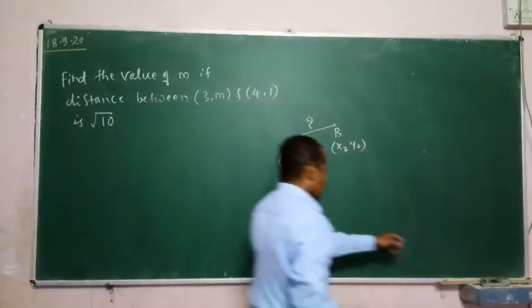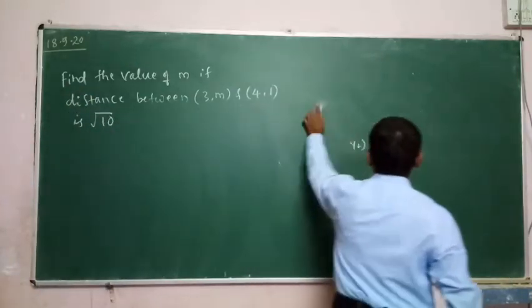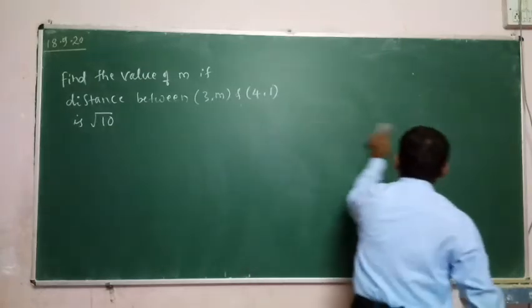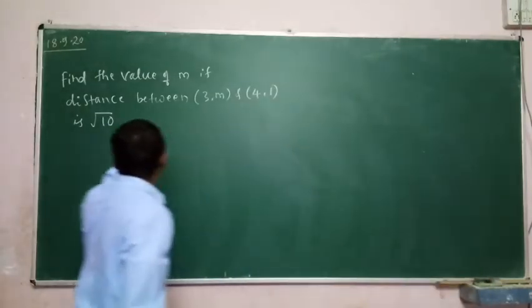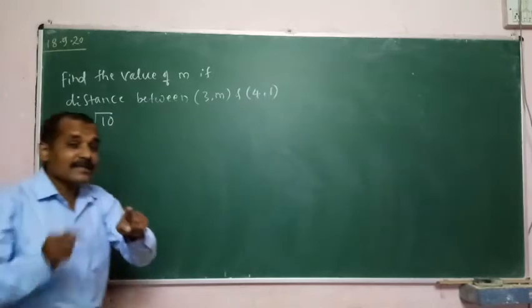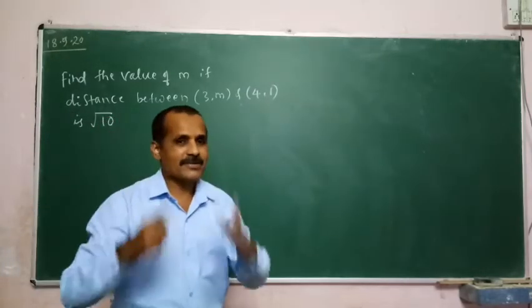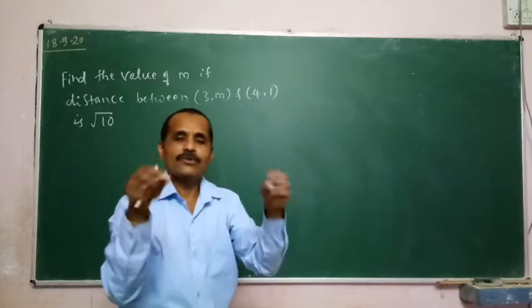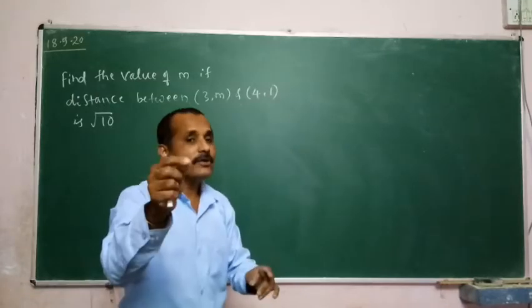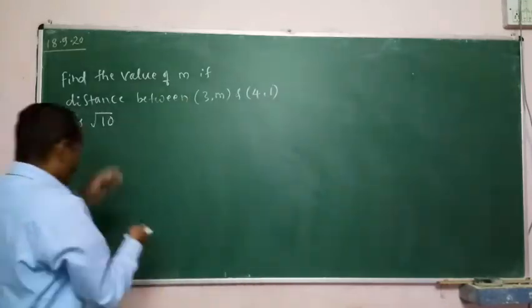Look at this problem. What is given? Distance is given. So in my earlier case, coordinates x1, y1, x2, y2 were given to you, and you found the distance. Now the problem is slightly different.